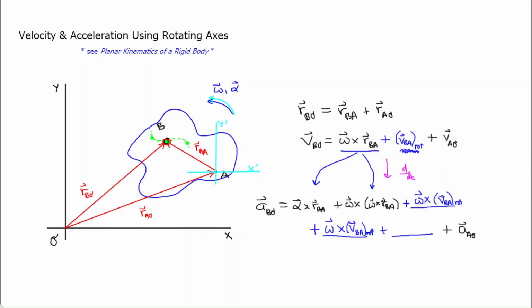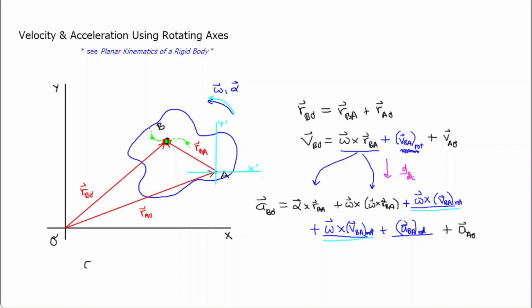This particle at B could be accelerating, so I'm going to call that acceleration BA in the rotating frame. Now we're not quite done, because you might notice that I've got two terms here which are identical, so I just double that. We're going to algebraically combine those and simplify.